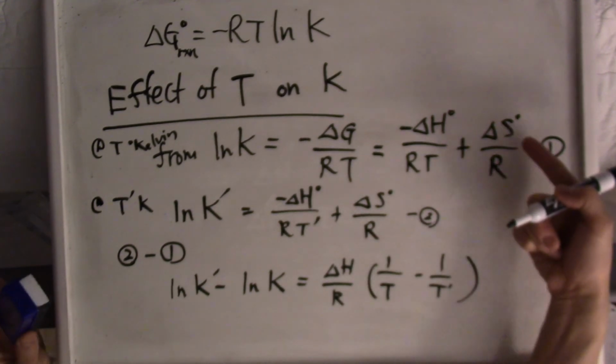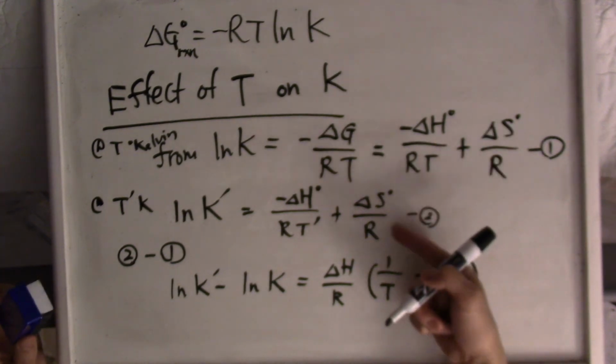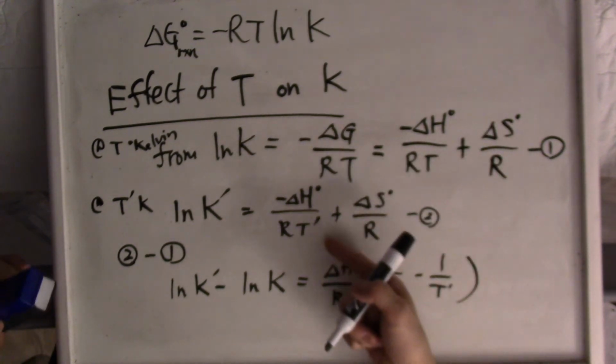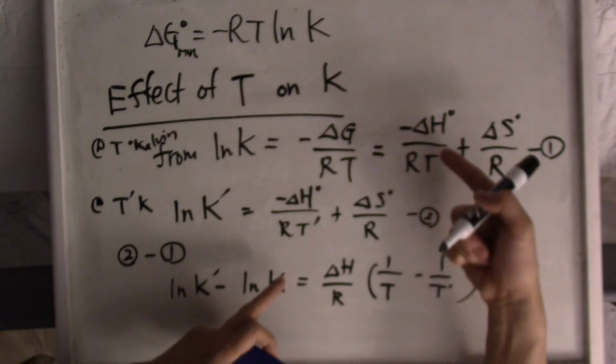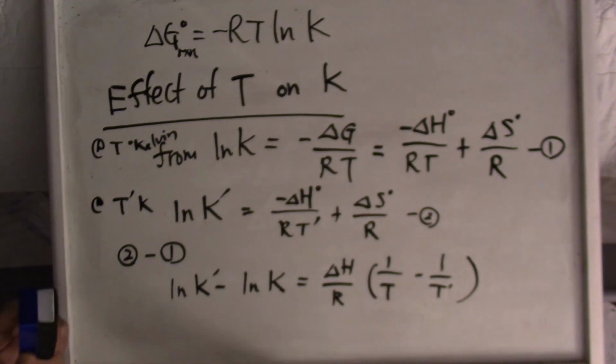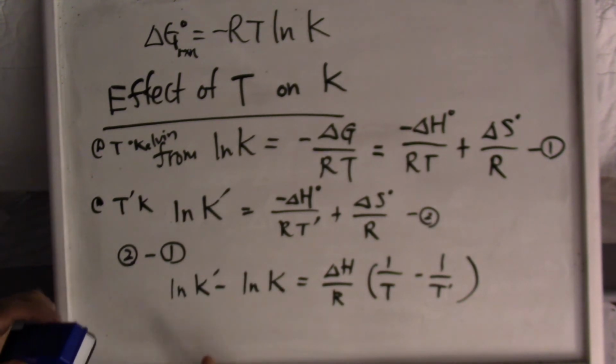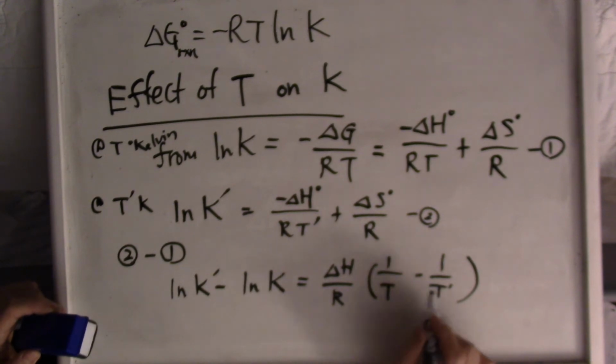The delta S terms are the same, so they cancel out. The T terms are different, so we leave them here. Delta H and R are the same, I just took them out.